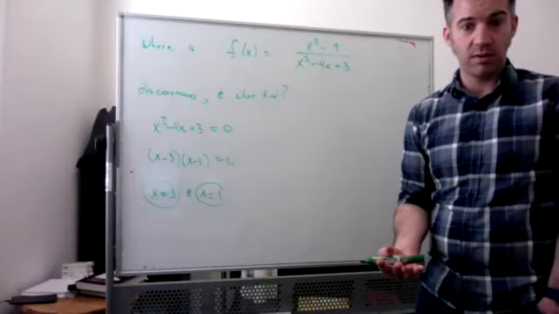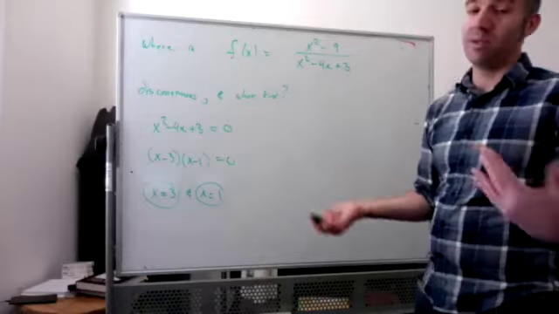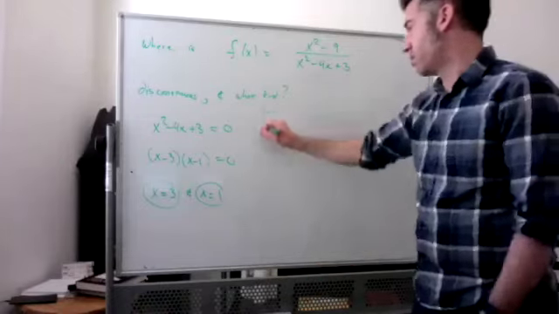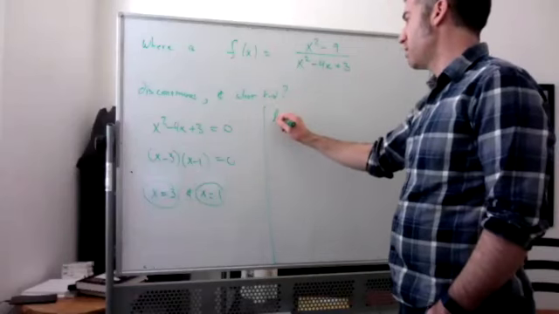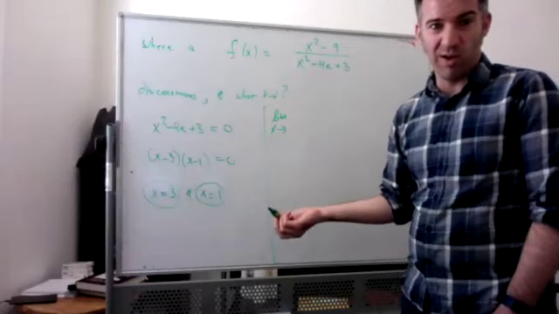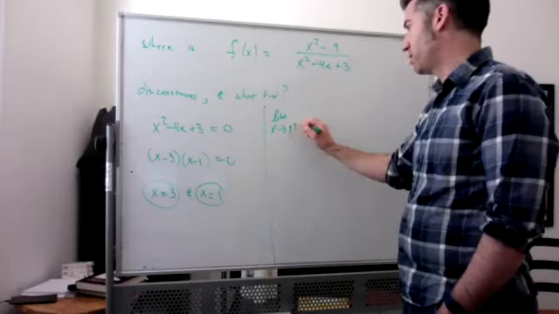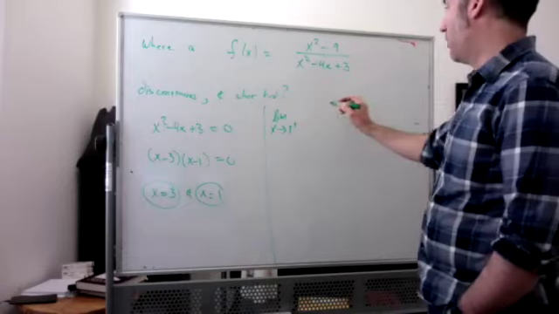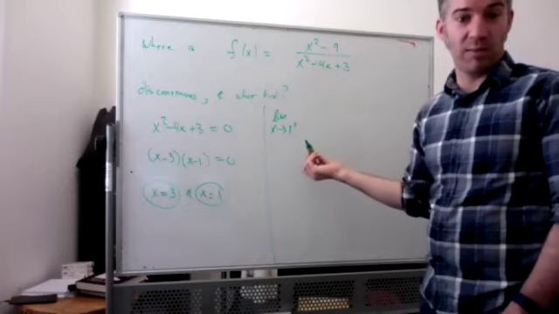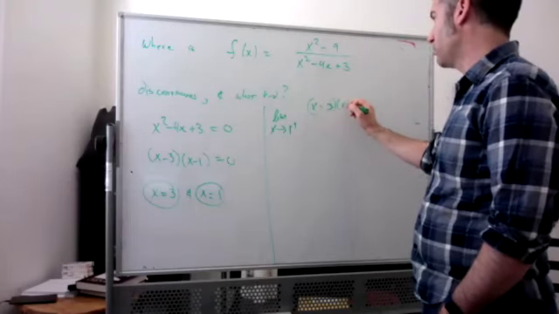Now, what kind of discontinuities are these? Well, in fact, really we should take the limit. So if we look at the limit as x approaches 1, and let's pick a one-sided limit, do one from the right. On top, I've got x squared minus 9, which I'm going to factor as x minus 3 times x plus 3.